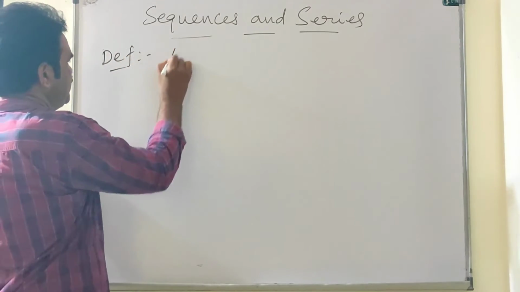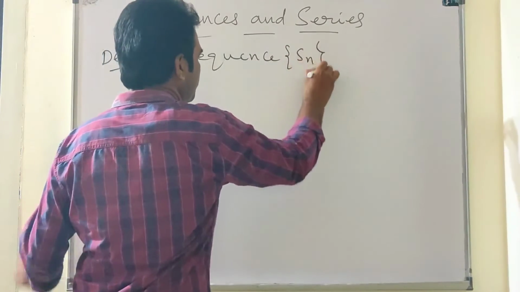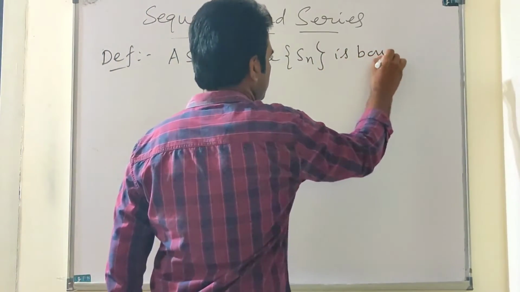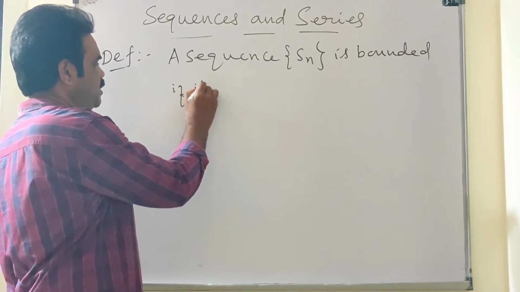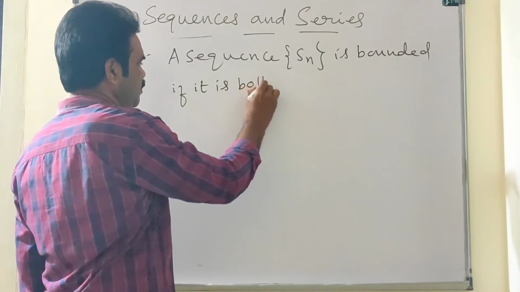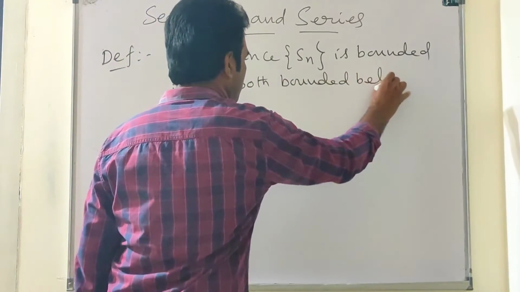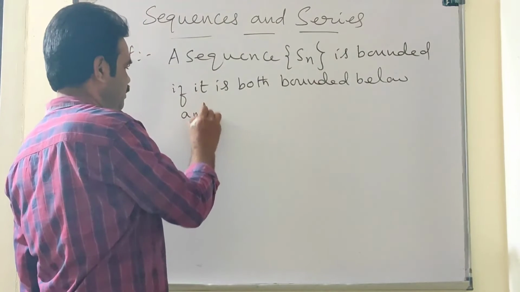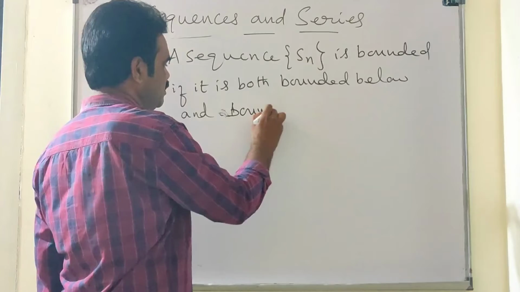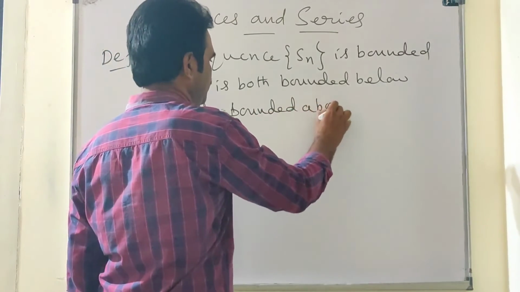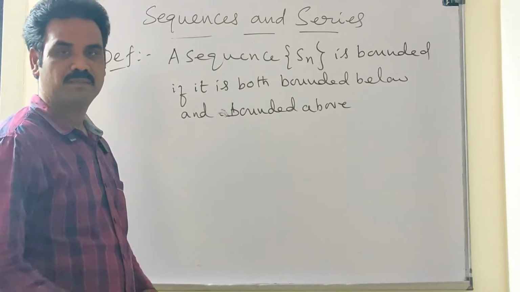The sequence Sn is said to be bounded if it is both bounded below and bounded above. If it is both bounded below and bounded above, then the sequence is bounded.